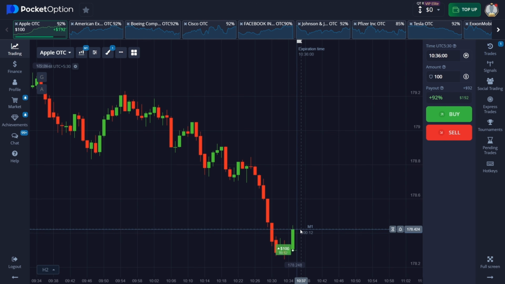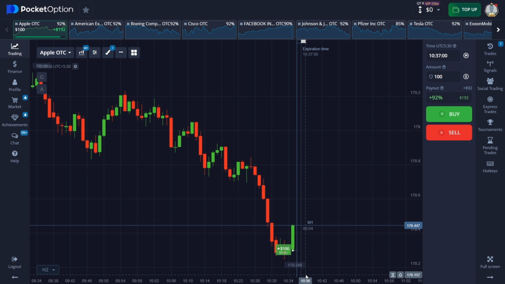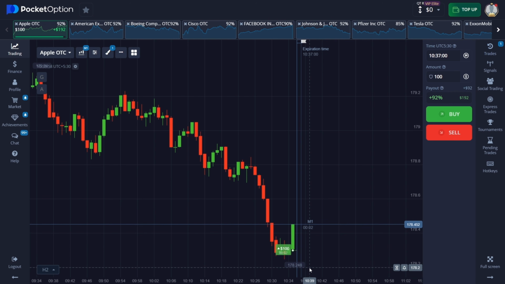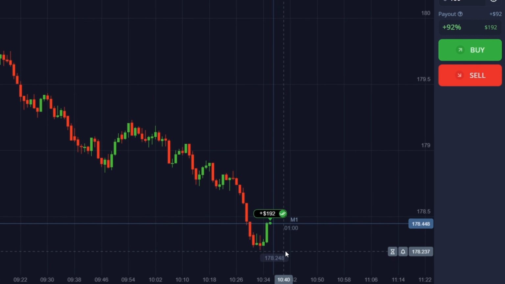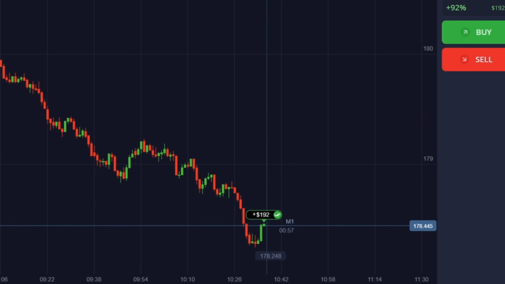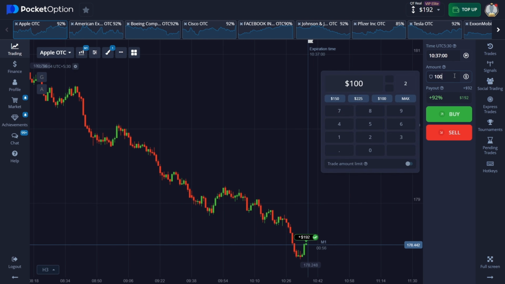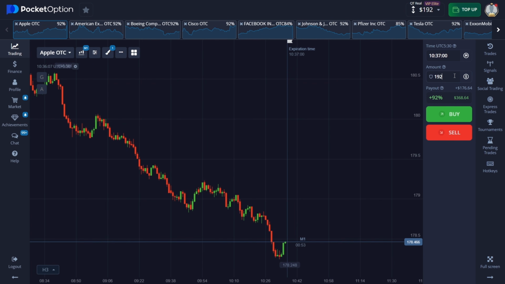The trade is currently going in our favor, but there are still 10 seconds left. Only a few seconds remain, and we won our first trade of the compounding session. Now, my balance has turned into $192.